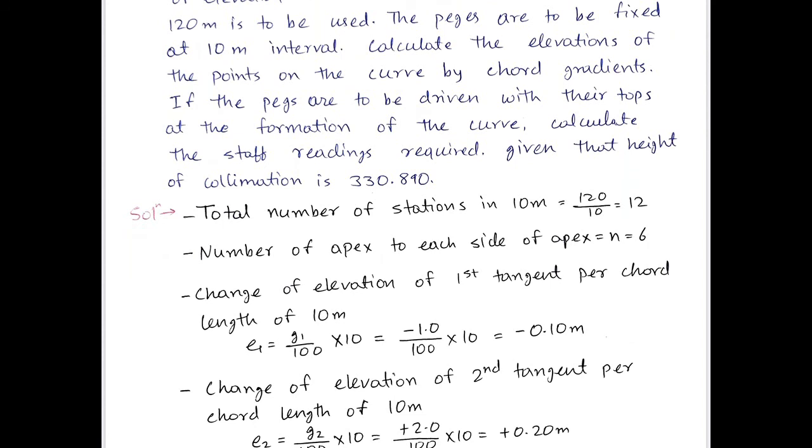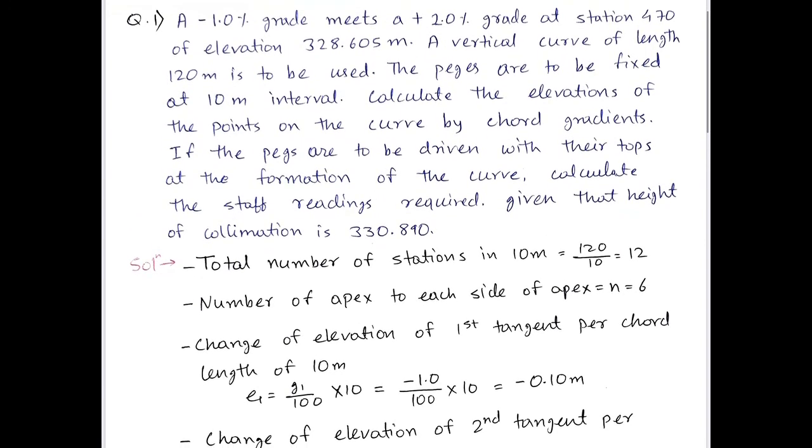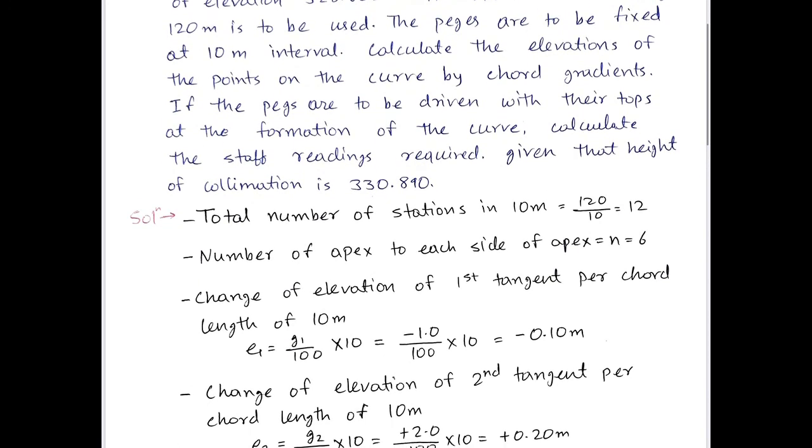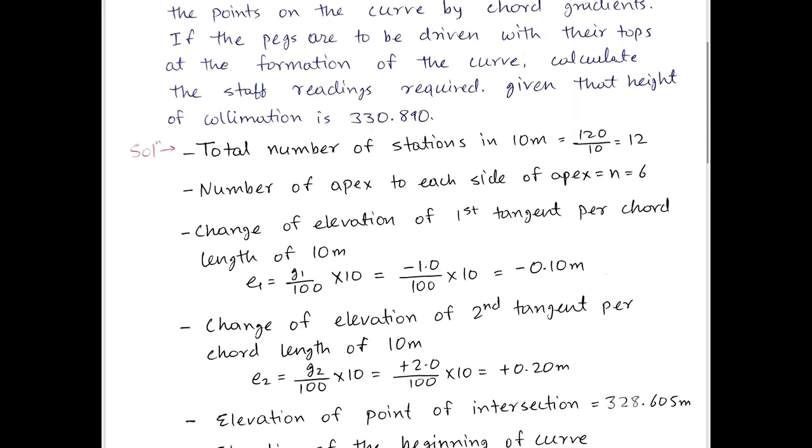So as we know, the first gradient here is -1%, that is -1 upon 100 into peg interval 10. So change of elevation of first tangent per chord length of 10 meter will be -0.10 meter.